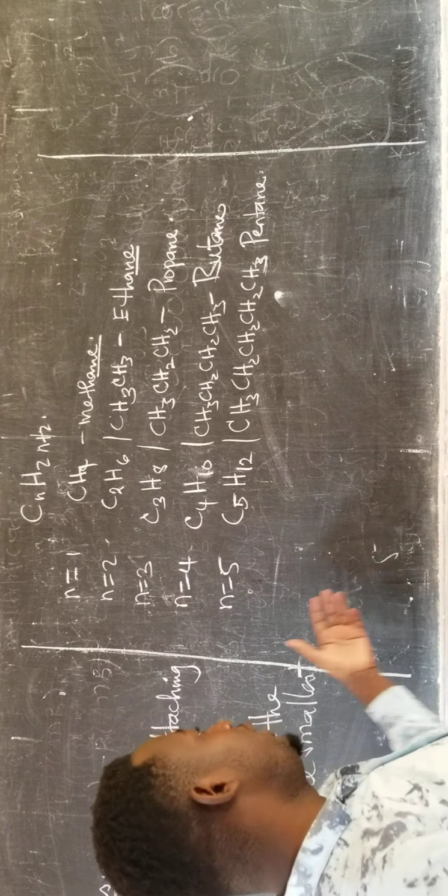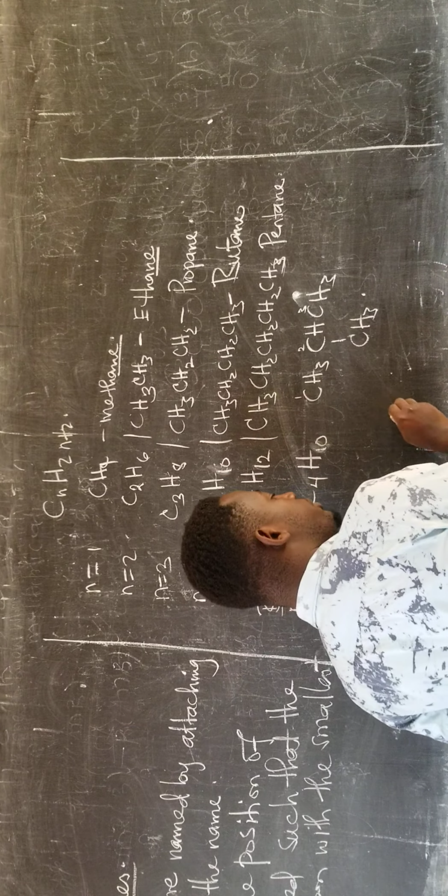When we are naming this compound, we have to make mention of the position of the branch on the main chain. For example, this methyl group is on carbon number 2. If I name from this side, number 1, number 2, number 3, the methyl group is on carbon number 2. Even if I begin from this side, still it will be carbon number 2. And in that case, I have to make mention of it.